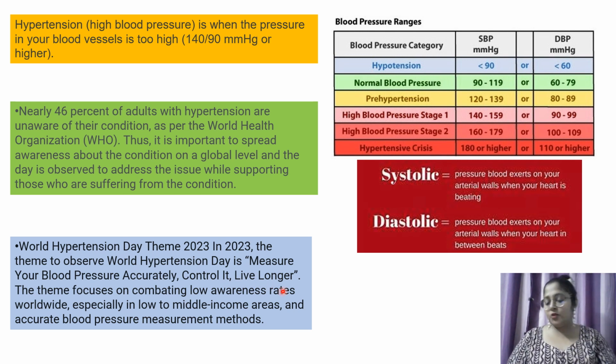If we want to live longer, then we need to control our blood pressure. And if we need to control our blood pressure, we need to modify our diet and our lifestyles. It doesn't matter whether we are coming from middle income, high income or low income areas, we need to be aware, right?